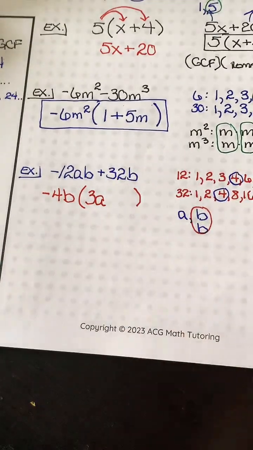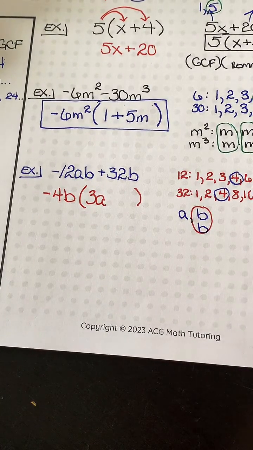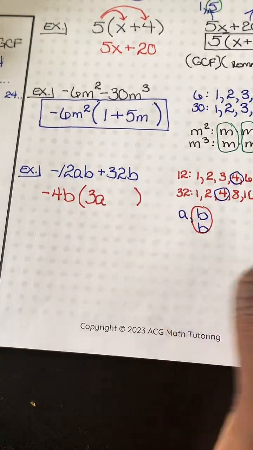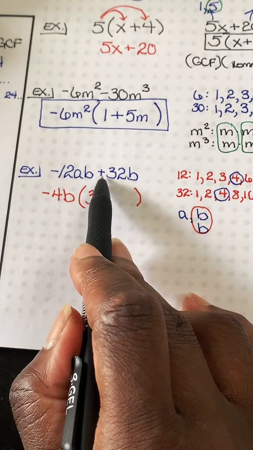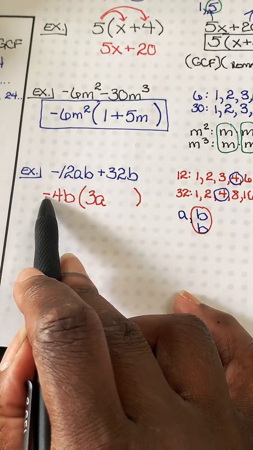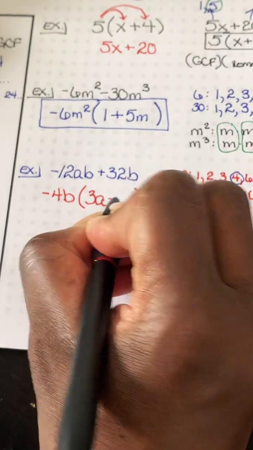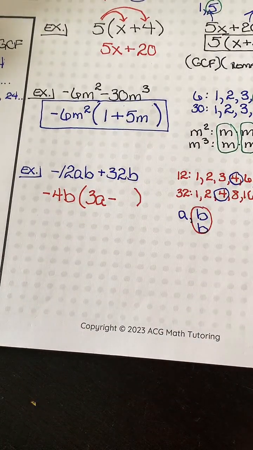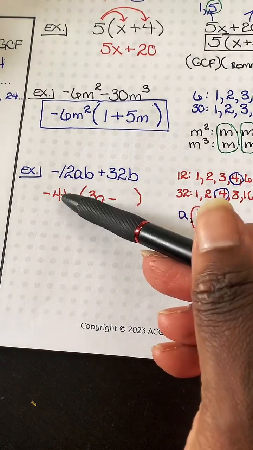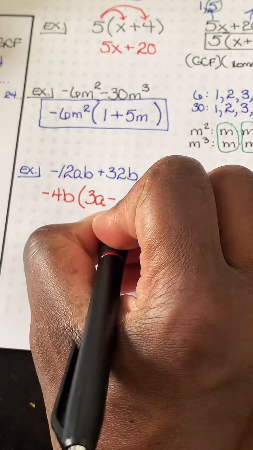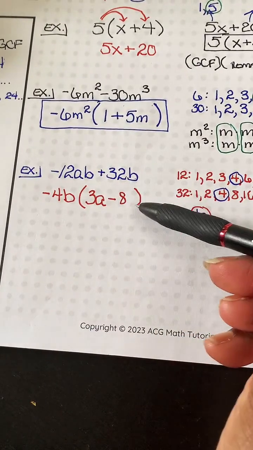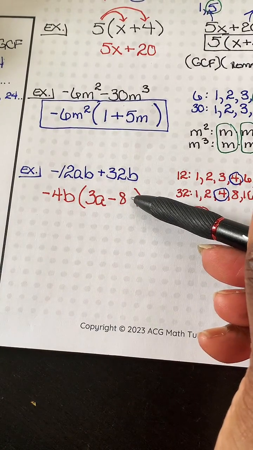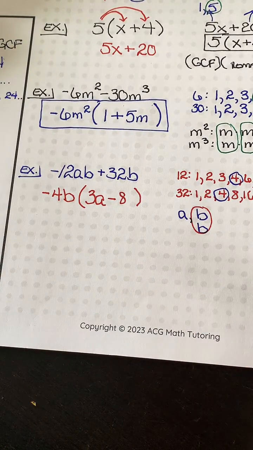Yes, I see a couple of answers already. The 3 A's, so we've got to bring down the A. Now, it's going to be tempting to just bring down the plus sign. But here, a positive divided by a negative will give me a negative. And 32 divided by 4 gives me 8. B divided by B gives me 1, so that's just 8.